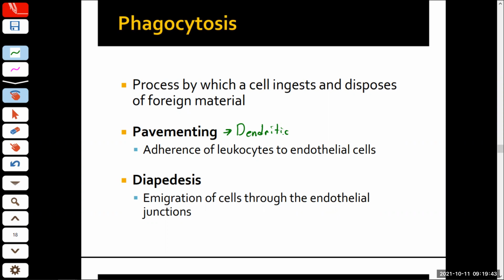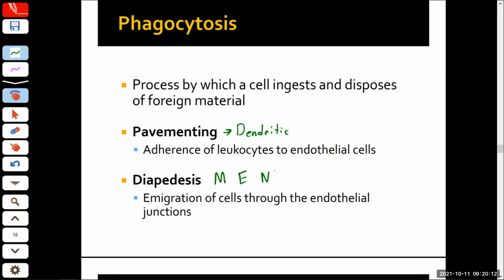Now, what cells, actually, let's start with this. Diapedesis. What is your acronym for cells that are diapedetic? That's MEN. So macrophages, eosinophils, neutrophils are diapedetic. Which ones are phagocytes? Macrophages are diapedetic phagocytes. Eosinophils, they're only diapedetic.